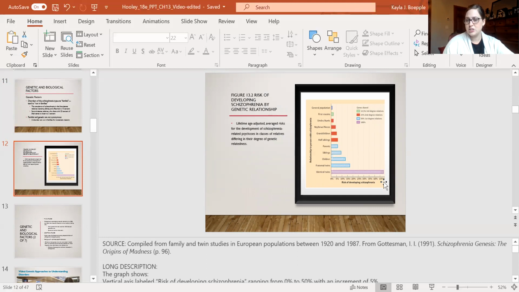So a 45% increased rate, or you have a 45% chance of developing schizophrenia if your twin has schizophrenia. That is a really interesting graph to look at. It is from 1991, so it is a little older. I'd be interested to see what the newest data looks like, since that is about 30 years old.